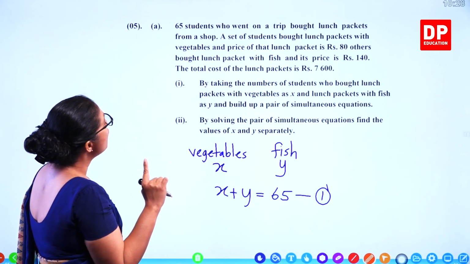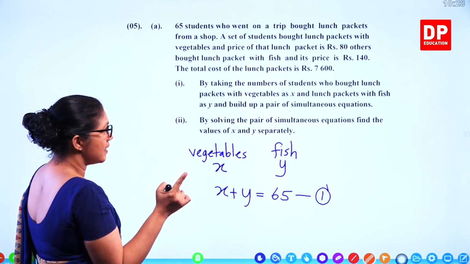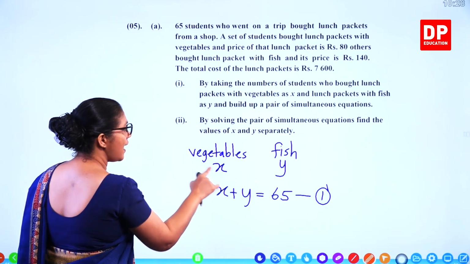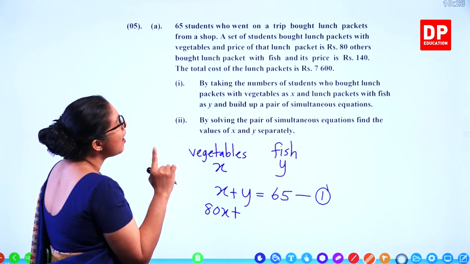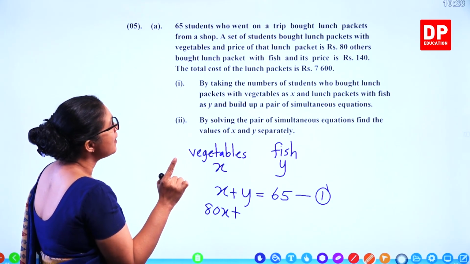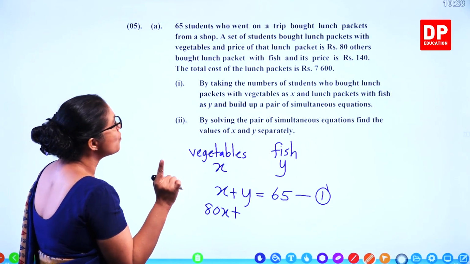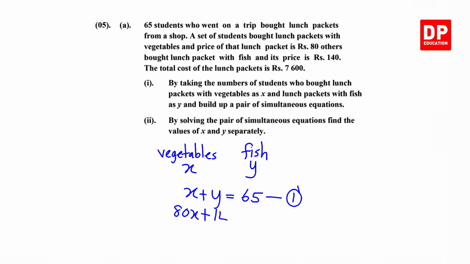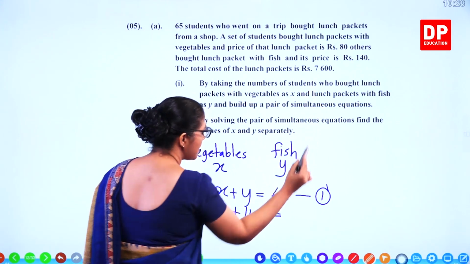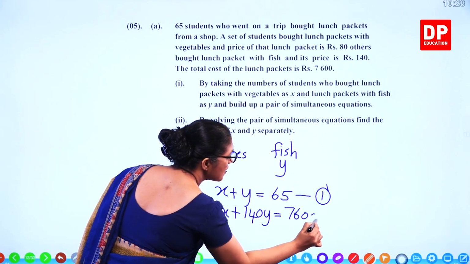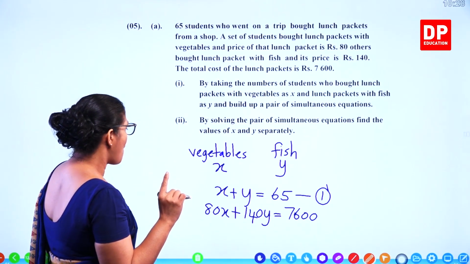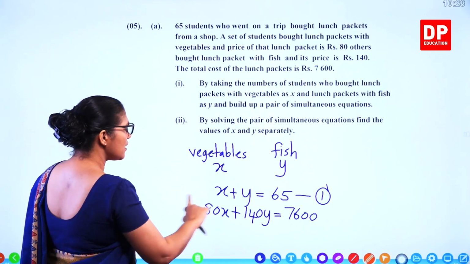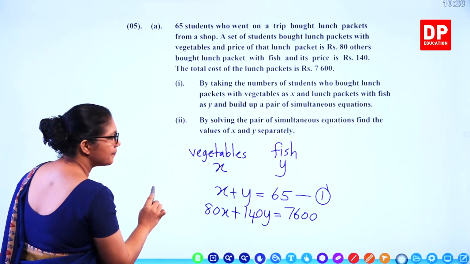The price of a vegetable lunch packet is 80. So how many packets are there? X. So 80x plus how many fish packets? That's Y, Y number of students. Each packet is 140. So 140y is the total cost. That's 7,600 rupees. So we can divide the whole equation by 20.